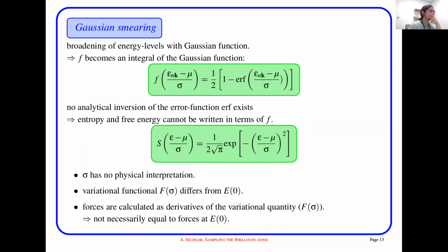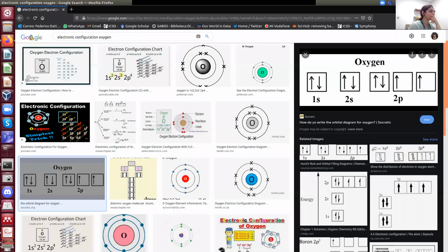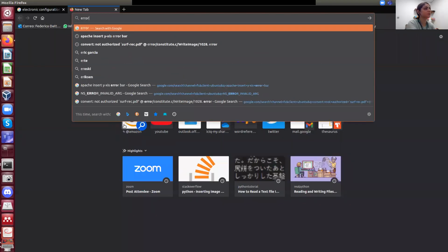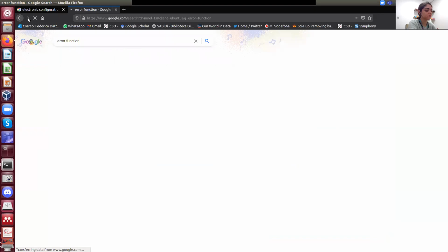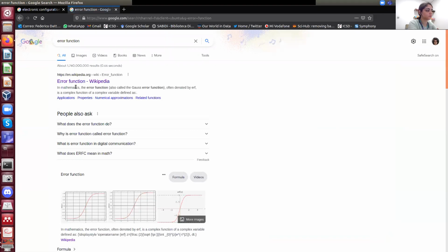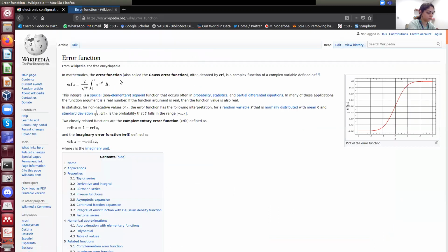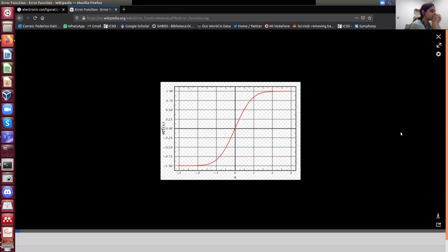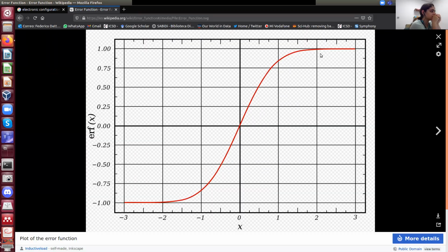The error function is given by a Gaussian. If you don't know the formula, the error function is a special function given by this formula. You see inside a Gaussian, and that is exactly what is happening. You just need to revert it.